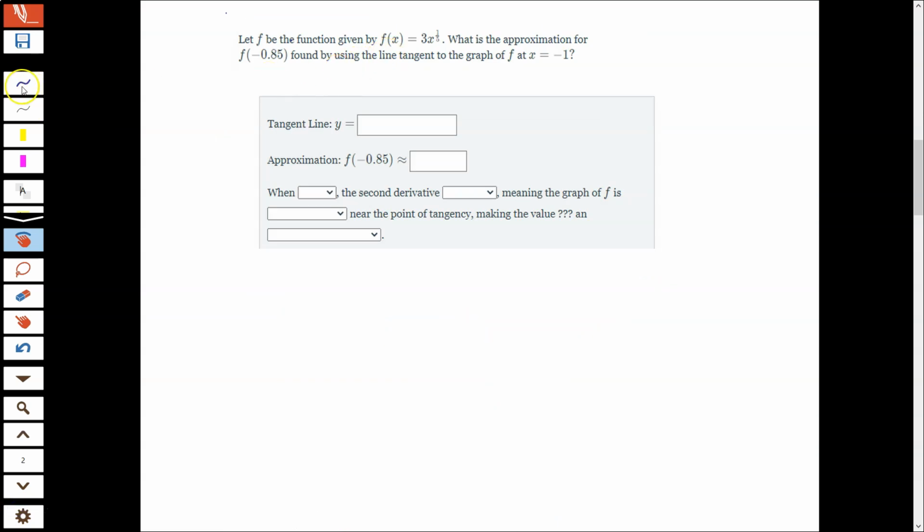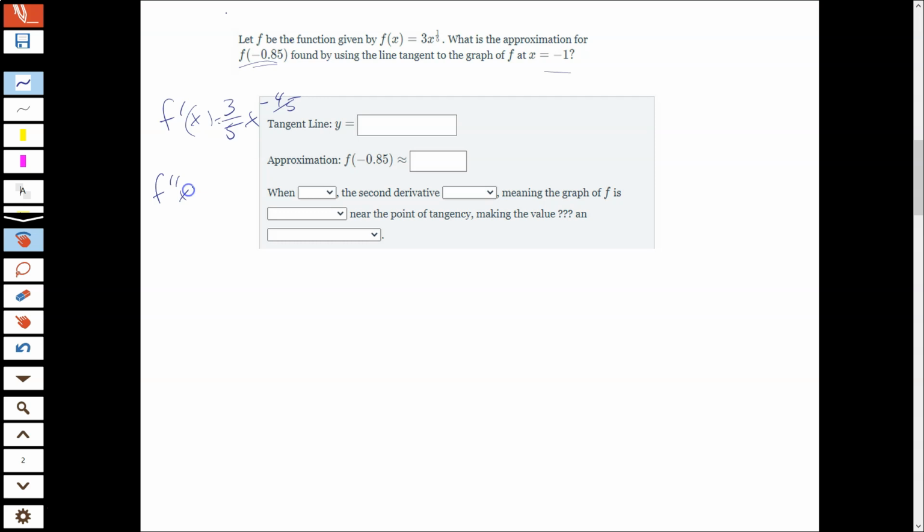So let's return to our example now, and we'll see what this looks like in practice. Okay, so f is the function 3x to the 1/5 power. We have the approximation of f of -0.85 at x equals -1. The first thing I'm going to do is take my derivative. So f prime of x is going to be power rule, right? So 3/5 x to the -4/5.